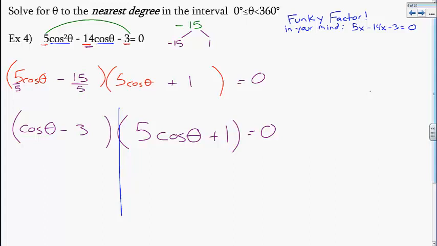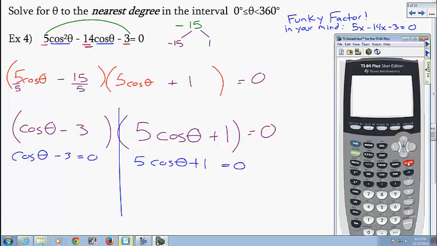Now we can proceed as in example 3 by setting each factor equal to 0 and isolating the function of theta. On the left, when I isolate the function, I get the result cosine of theta equal to 3. Now take a look at what happens in your calculator if you try to solve for theta here. Remember, to solve for theta, I will have to take the inverse function of both sides, in this case, the inverse cosine.